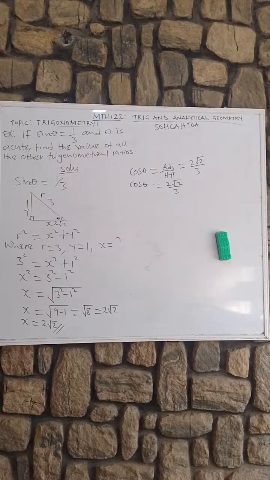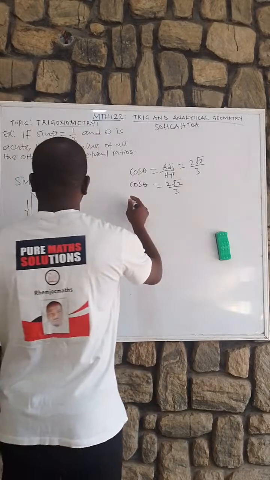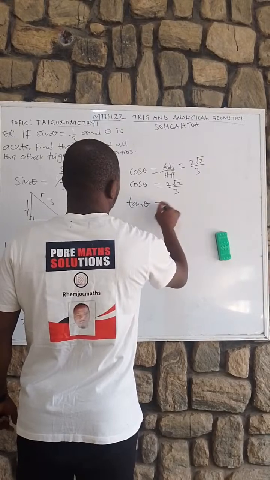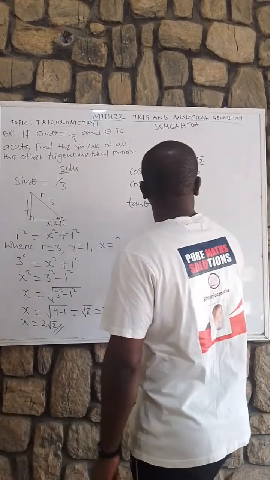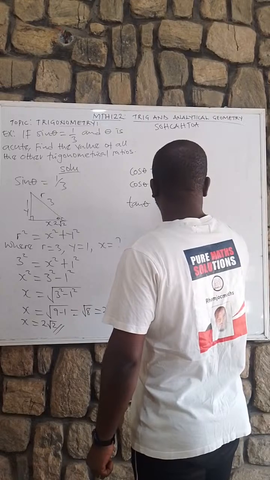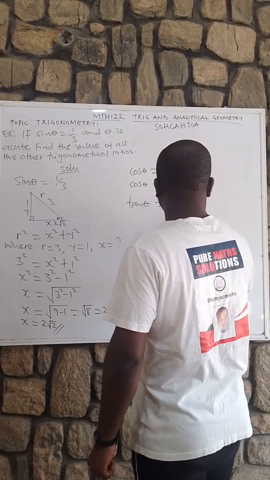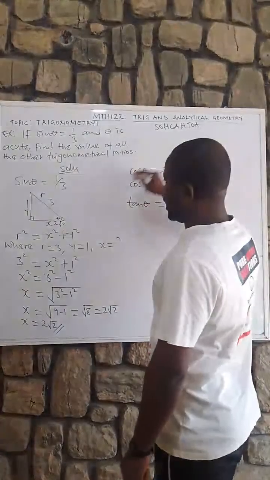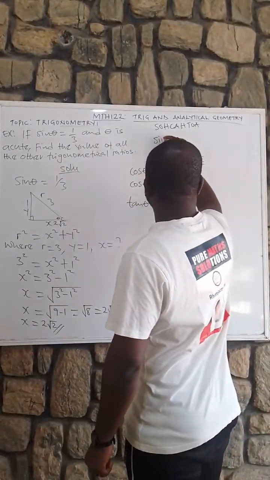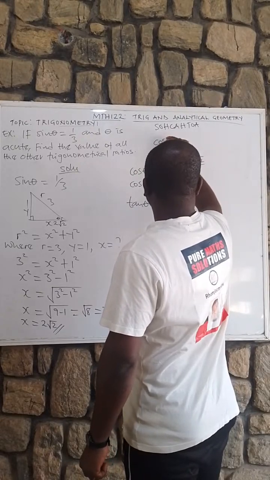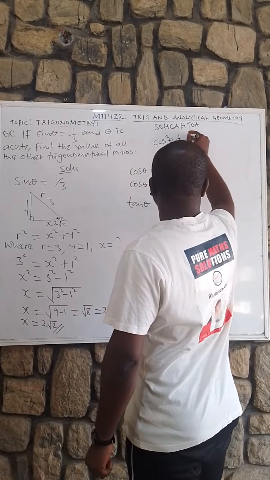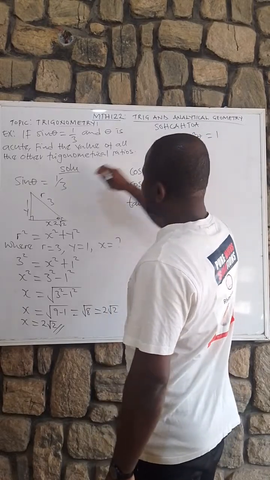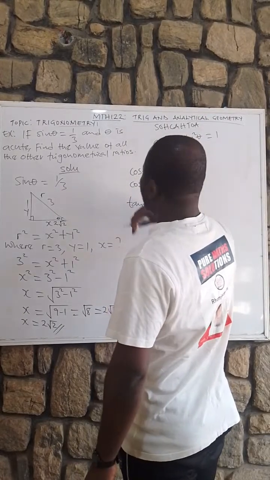Okay, so now let us also consider tan theta, which is equal to opposite all over adjacent, right? There are so many ways you can solve this problem. At first you can use cos squared theta plus sin squared theta equals 1, then substitute in the values.